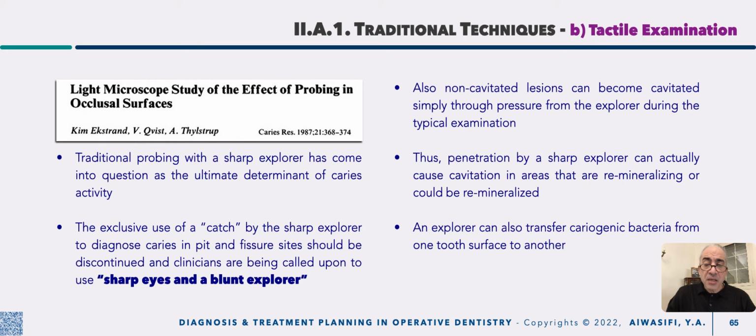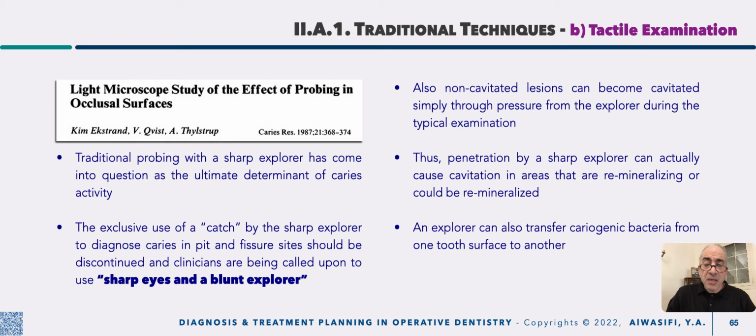This is an old, at least 35 years old study, okay, titled Light Microscopy Study of the Effect of Probing in Occlusal Surface, okay, which stated that the traditional use of a sharp explorer, okay, is a questionable matter in determining dental caries. Why?